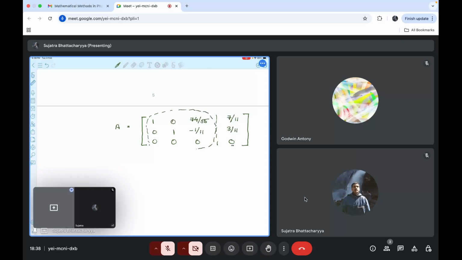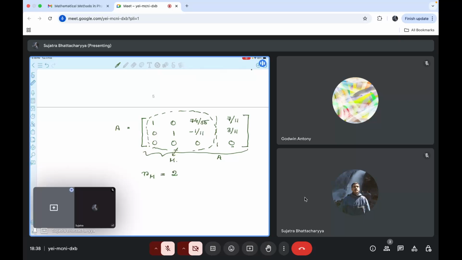How many non-zero rows are there? 2, right? So rank of matrix M comes out to be 2 because there are 2 non-zero rows in the row reduced echelon form. Now, what about the total? When you have computed the entire augmented matrix A, how many non-zero rows are you getting?